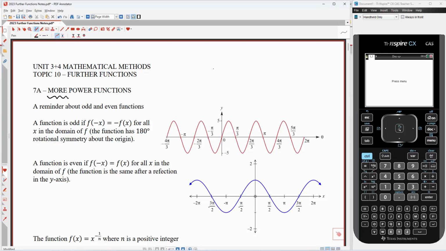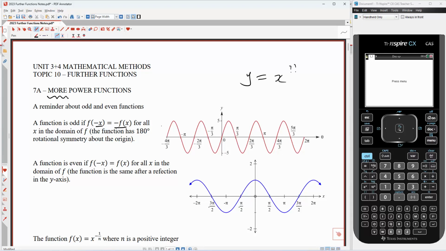Okay, so recall a power function is one where you've got y equals x to some sort of power in this spot here. Just a couple of reminders: an odd function is one where reflecting it in the y-axis is exactly the same as reflecting in the x-axis.